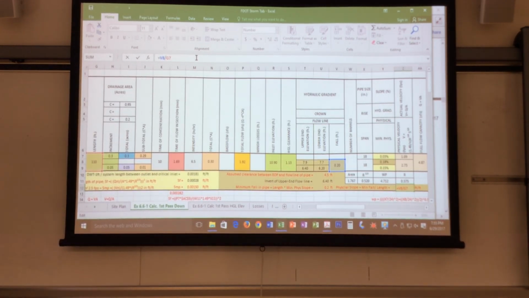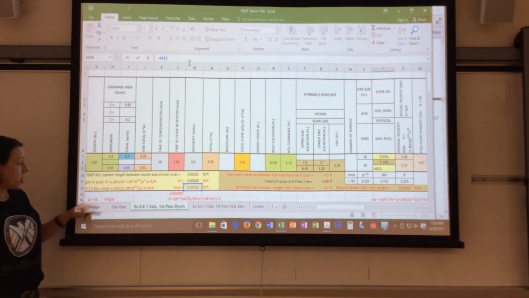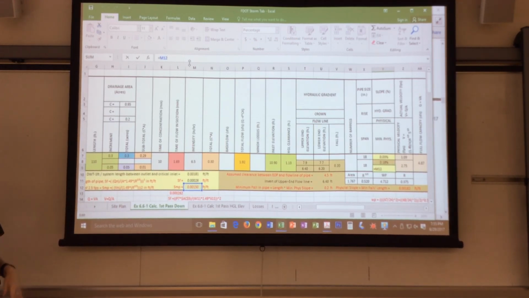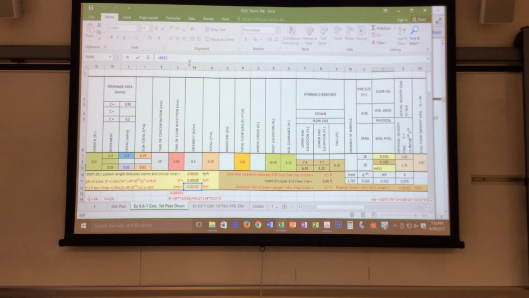The physical slope, the middle one, is referenced here. And the last one, the minimum slope based on a cleansing velocity of 2.5, is from here. All right? Now, we're going to pause here, and then we'll go on to the next step.